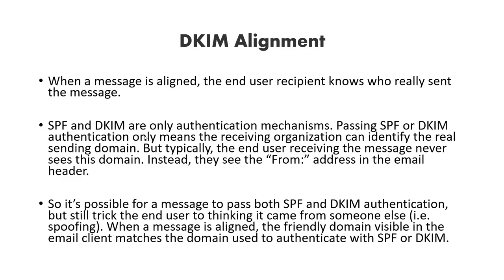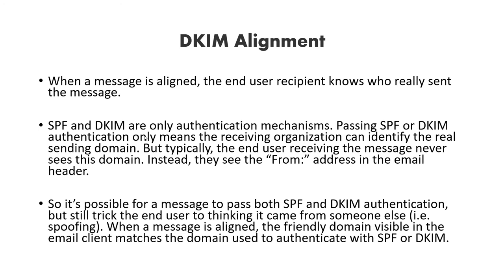The other part of this thing, pass or fail, is called DKIM alignment. When a message is aligned, basically the end user knows who really sent the message. The SPF and DKIM that we talked about are only authentication mechanisms, right? They only authenticate either the return sender or the actual domain sending it. Passing that only means the receiving organization can identify the real sending domain, but not the from address, right?